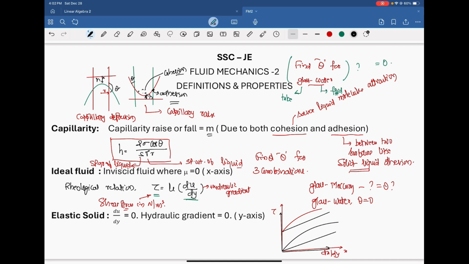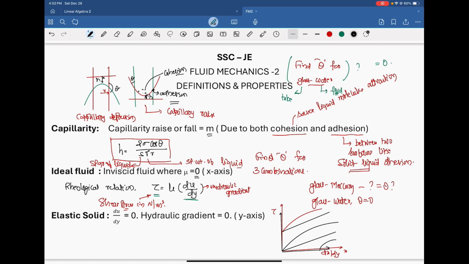When the value of dynamic viscosity is equal to 0, then tau is equal to 0, and the graph will be a horizontal line.